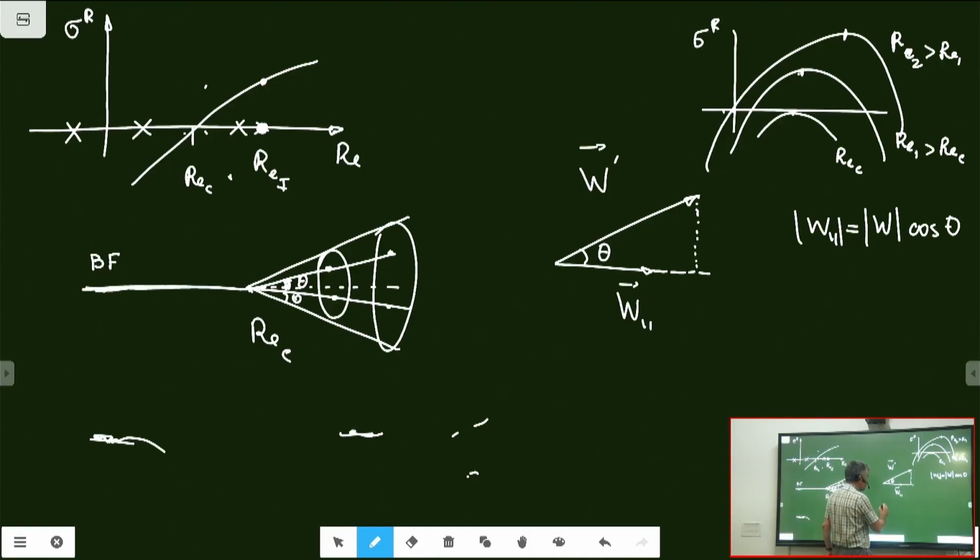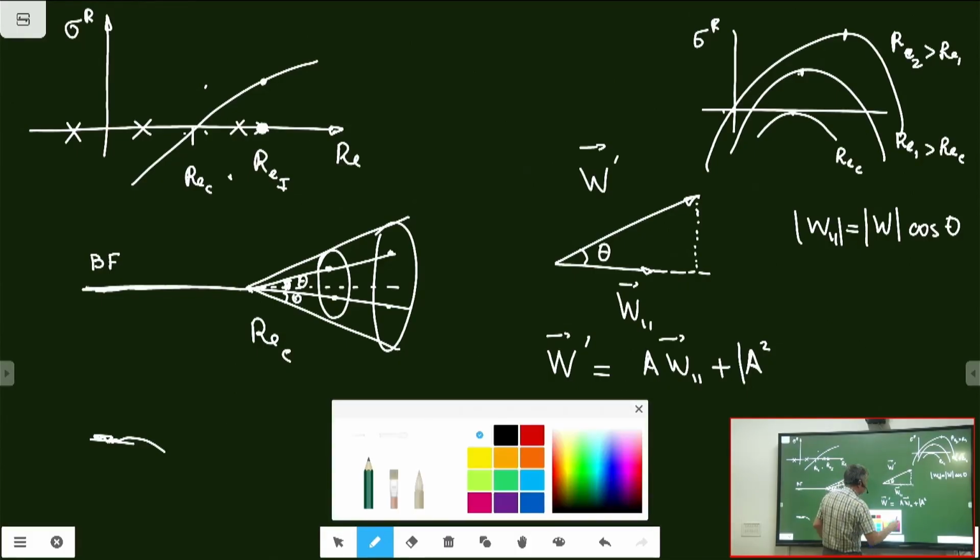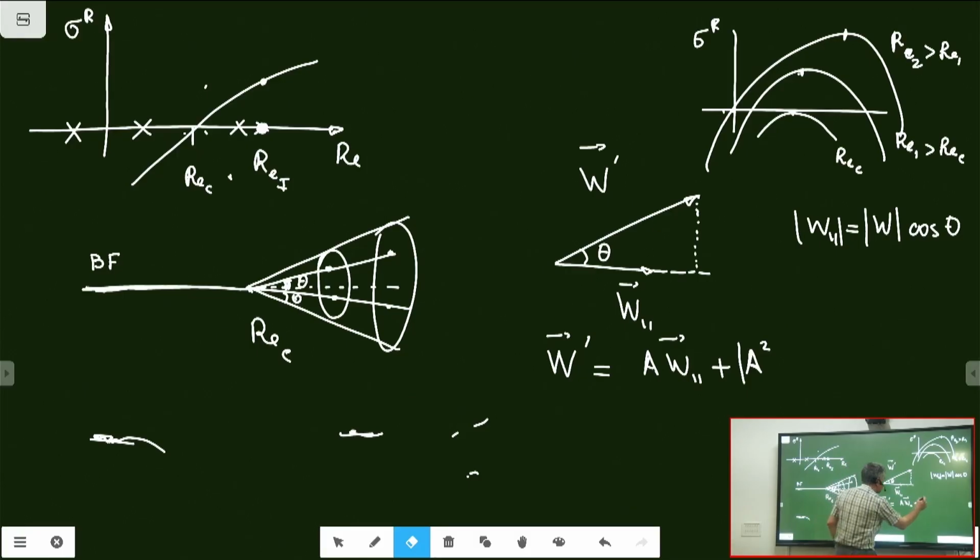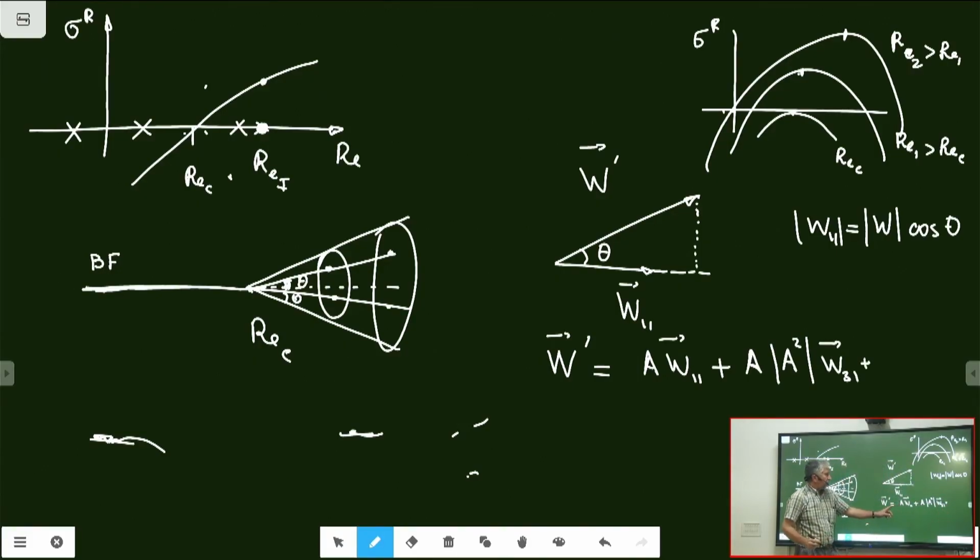The full solution that we write consists of A multiplied by W11 plus A squared, multiplied by E, plus dot dot dot.